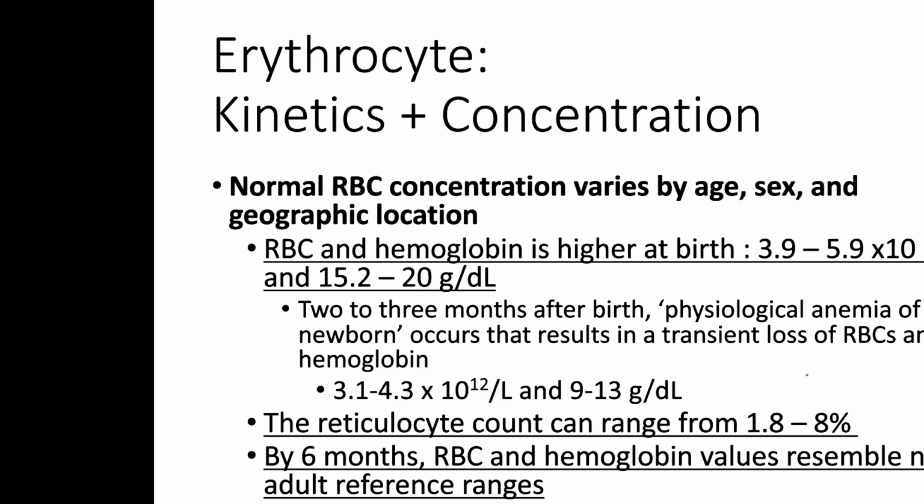That just means that your red cell count will start to decrease until it resembles adult reference ranges. Male patients will also usually have a higher RBC count and hemoglobin concentration because testosterone resembles EPO a bit more than estrogen does. It's not due to any other physiological reactions. If anybody says so, then tell them no.